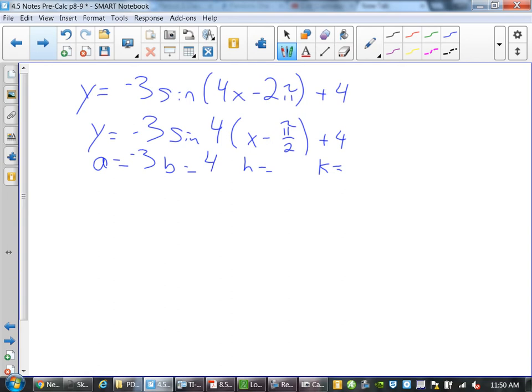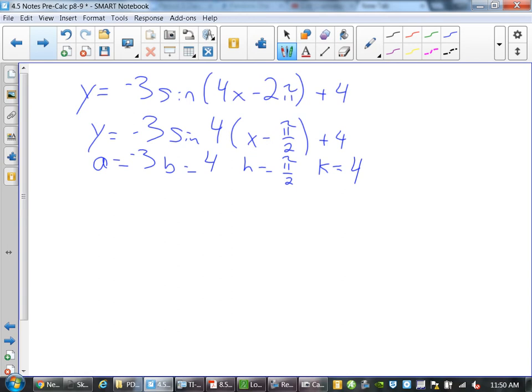What's my H? Pi over 2. And then what's K? 4. Ah, it's positive. It's the same sign. So when you're in parentheses, that's when you do the opposite sign. And then if it's outside, it's the same.